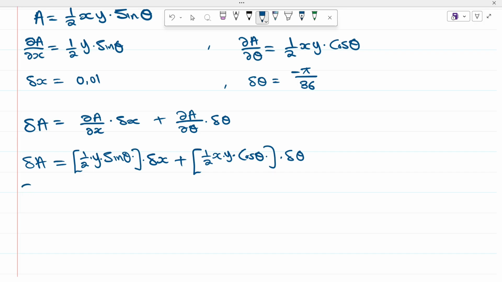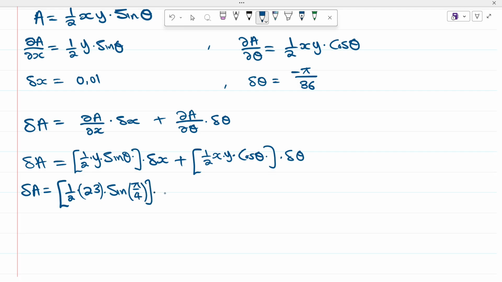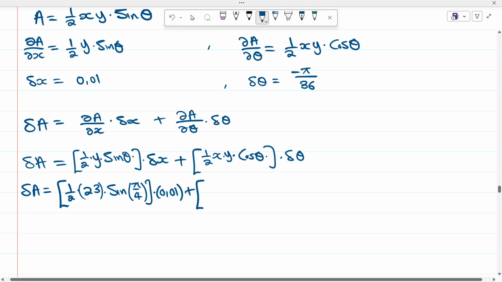So therefore our small change in area is going to be equivalent to 1 over 2 multiplied by y. So y, we just agreed, they told us that it is 23, right? 23 multiplied by sine of what? Pi over 4. We told you that pi over 4, multiplied by the small change in x, which is going to be 0.01, plus we substitute again, 1 over 2 multiplied by x.